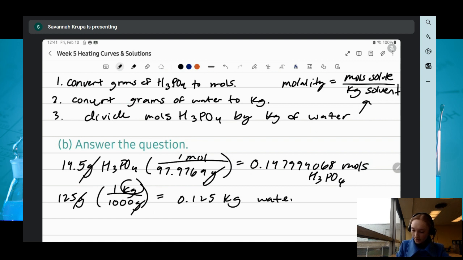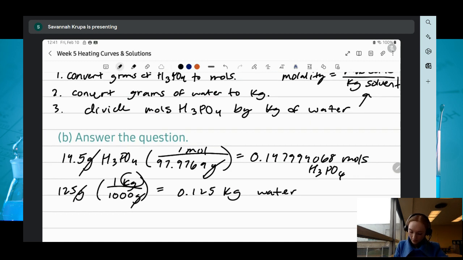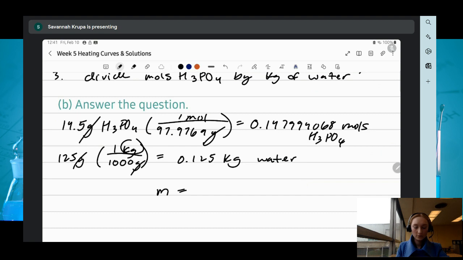And so now all we have to do is divide those. And so m, so that's molality, the lowercase m, just as a quick note. Capital M is molarity, and lowercase m is molality. It's just the same as like with specific heat and heat capacity.